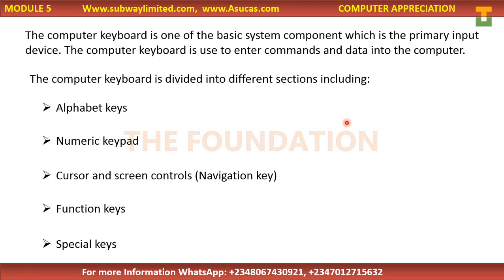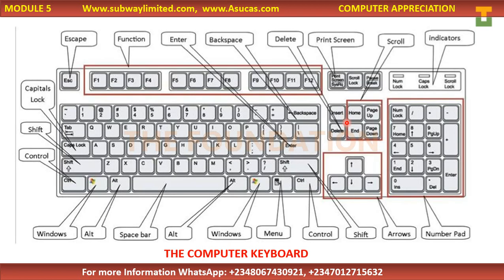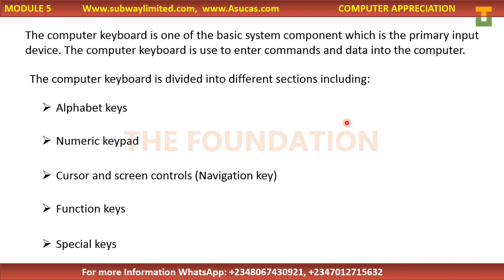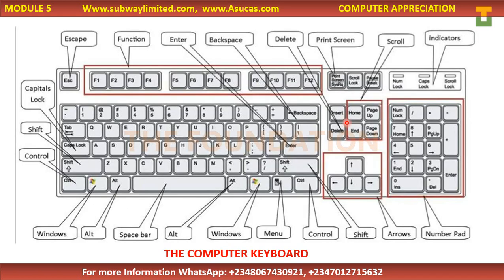We talk about alphabet keys. I've shown you the alphabet keys A to Z. Numeric keys, I've shown you the numeric keys 0 to 9. Cursor and screen control keys, we talked about that. That is the up, the down, the right and the left keys, the page up, page down, and other ones. Then we have the function keys, F1 to F12.